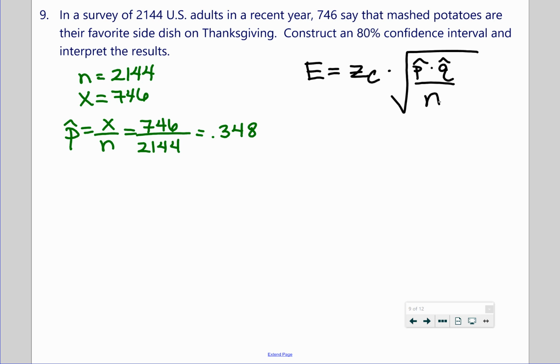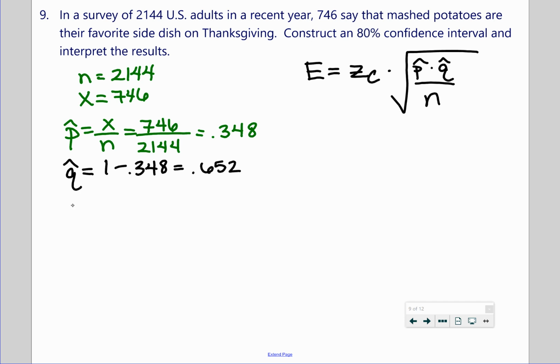All right, so we're still missing a couple pieces of information. If I know p hat, how do I get q hat? Complement, 1 minus 0.348, 0.652.